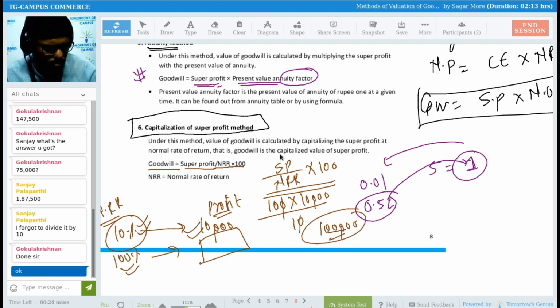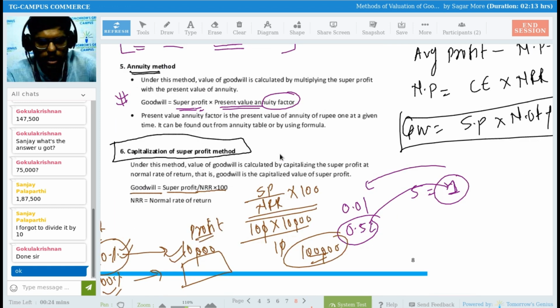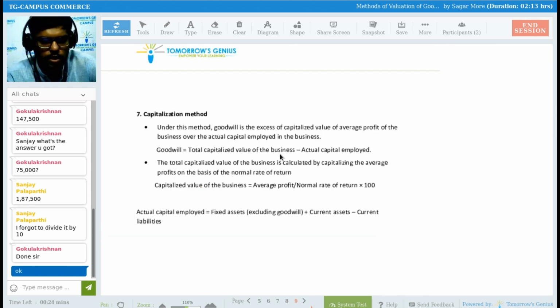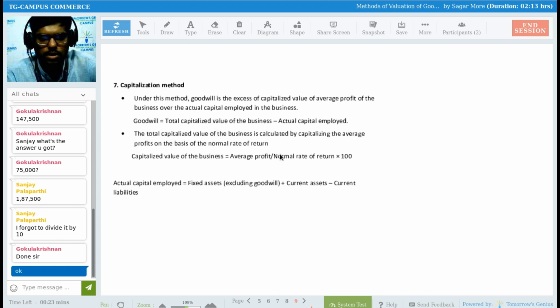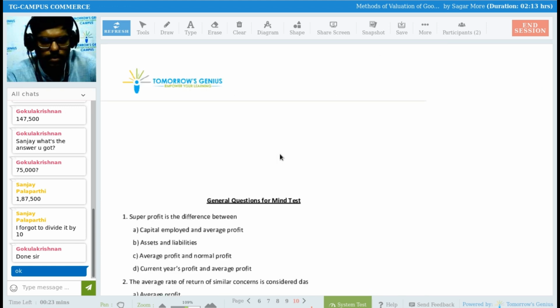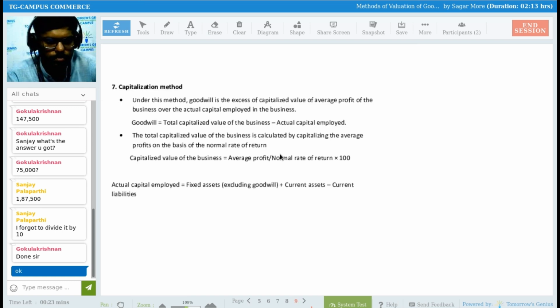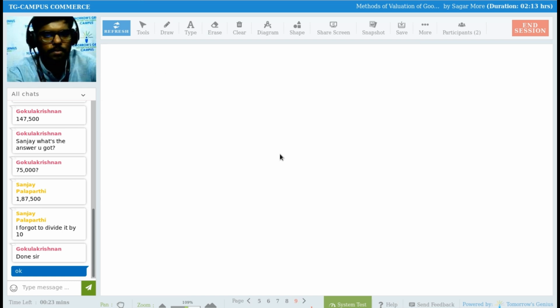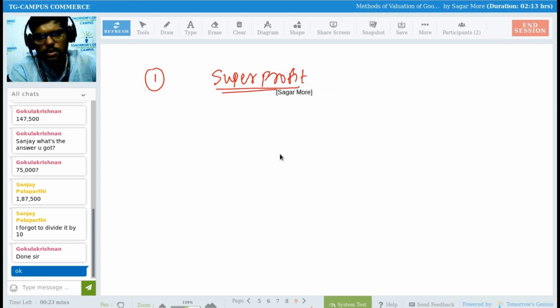You will get more clarity only after solving the question. I am just giving you the formulas theoretically, but you can get clarity afterwards. Whatever we studied so far regarding super profit: first of all, how to calculate super profit, that is important.